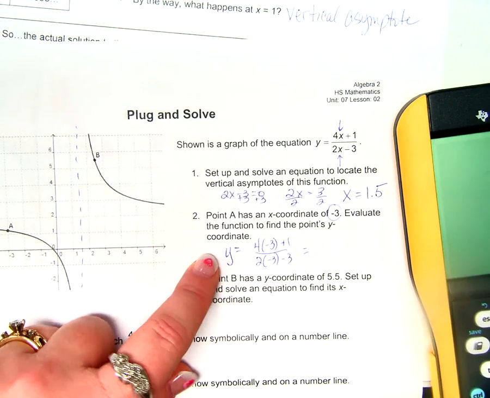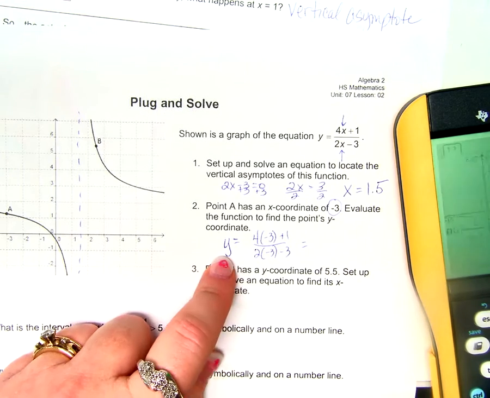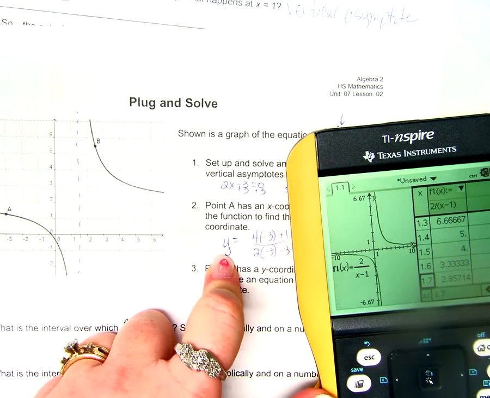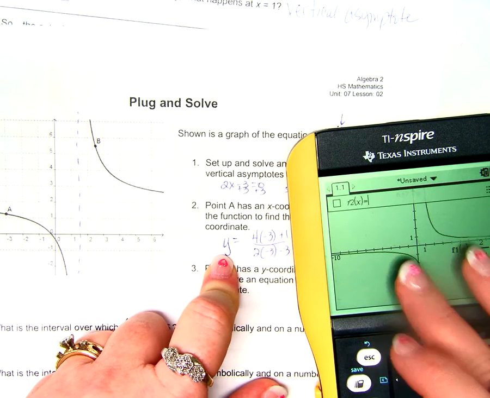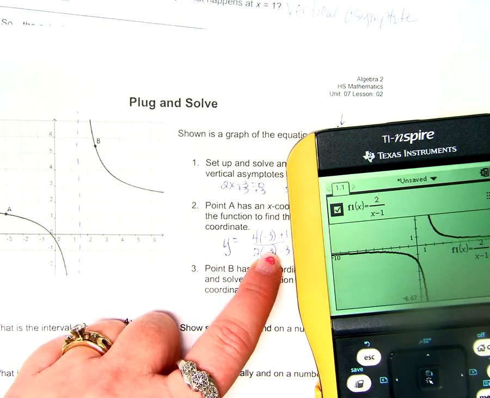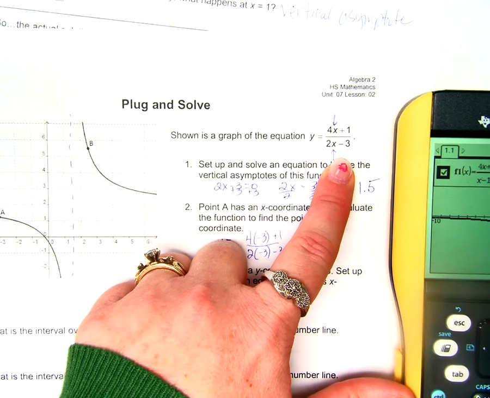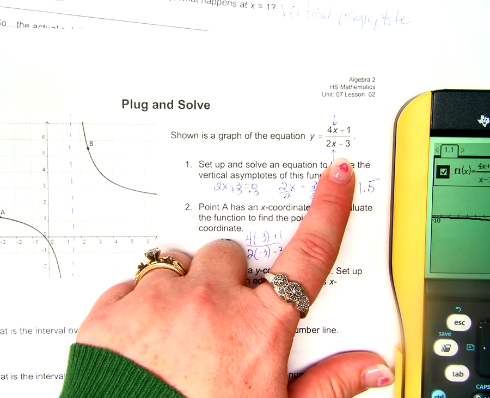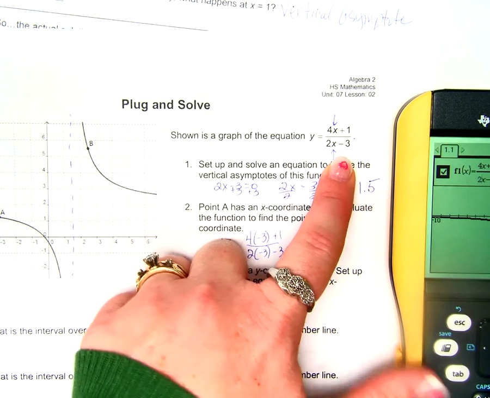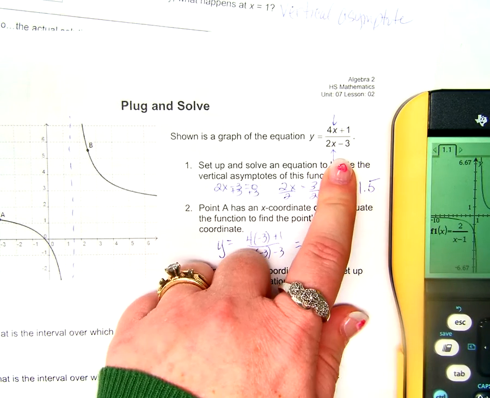Or you can go here to your calculator, Control T, and tab to get the equation to come back up, and actually go in here and put in 4x plus 1, and then 2x minus 3, and then enter, and go to your table over here, okay?